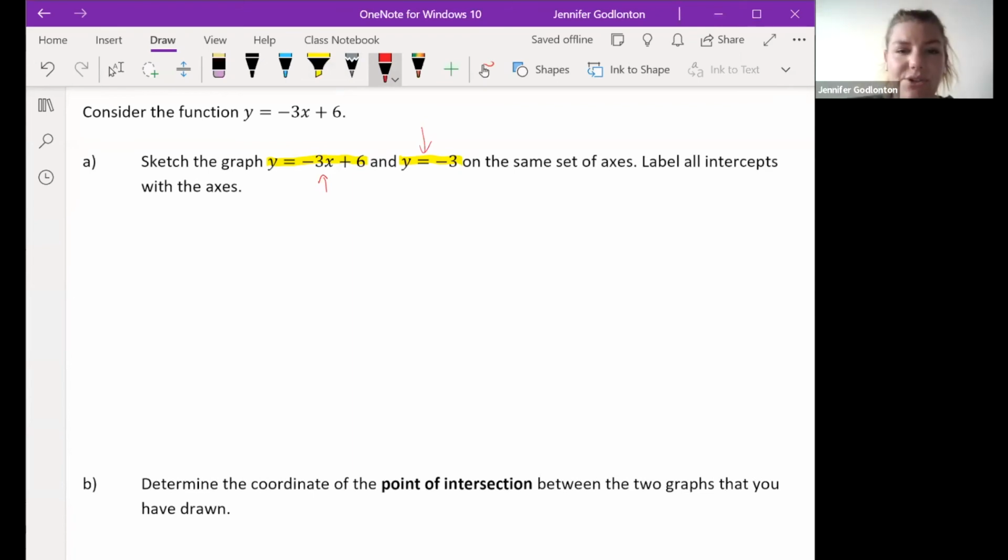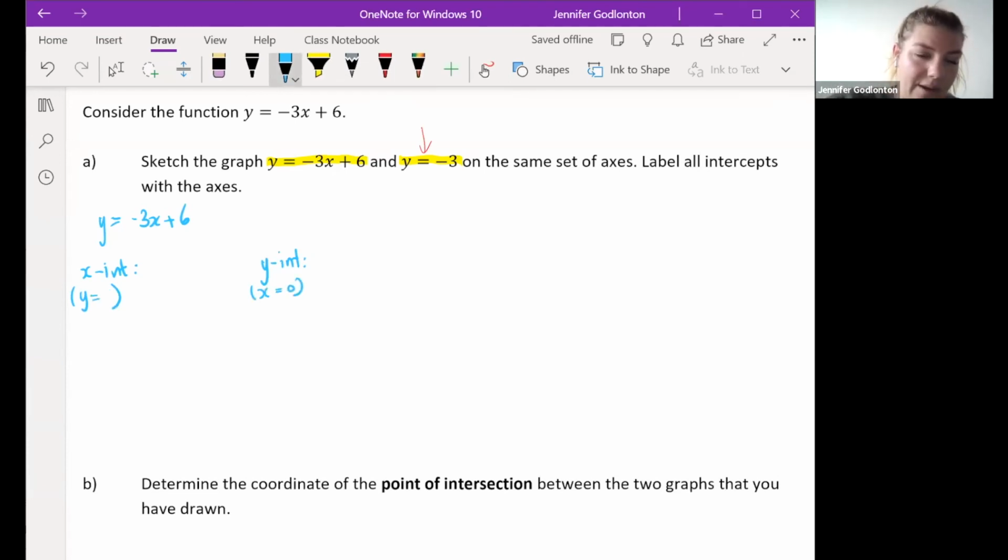So what I want you to do, I'm just going to use a different color here, for the y equals negative 3x plus 6, I want you to find the coordinates of the x-intercept, and remember that's when y is equal to 0. And I want you to find the coordinates of the y-intercept, and that's when x is equal to 0.